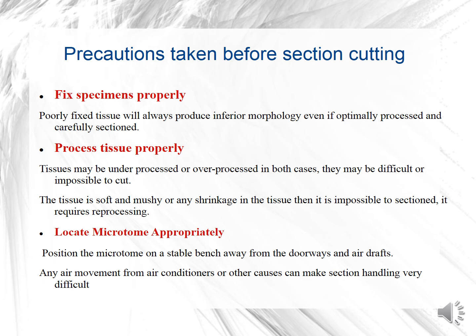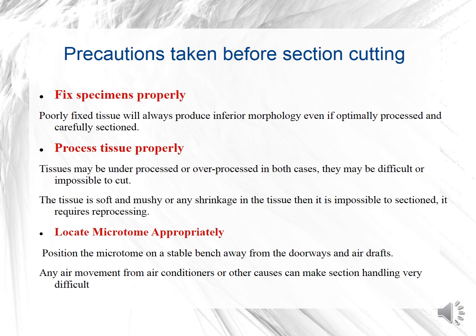The tissue may be under processed or over processed. In both cases, the sections will get damaged. If the tissue is soft and mushy or has any shrinkage, then it is impossible to section. It requires reprocessing. So we should take precautions while processing the tissue and before cutting the tissue.